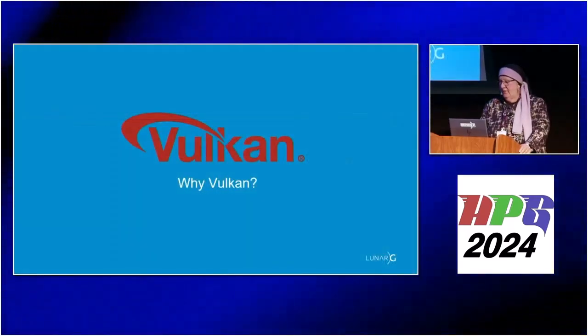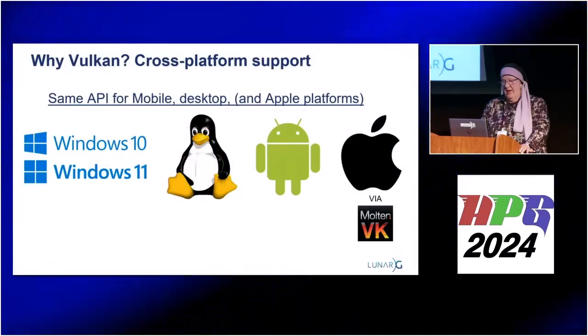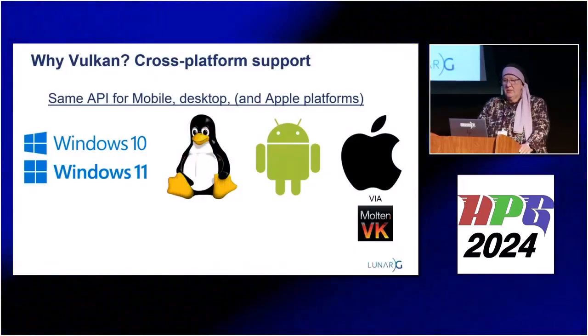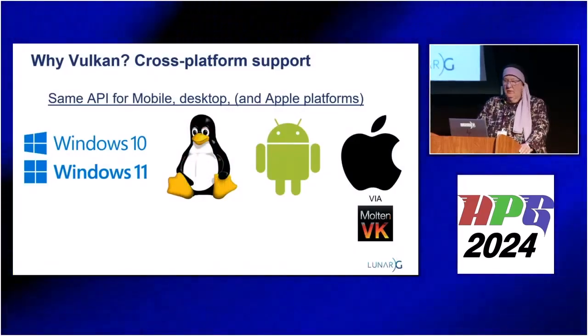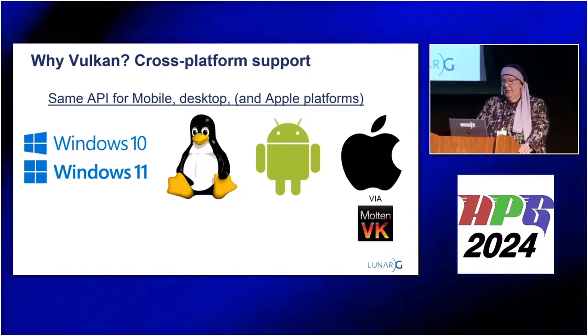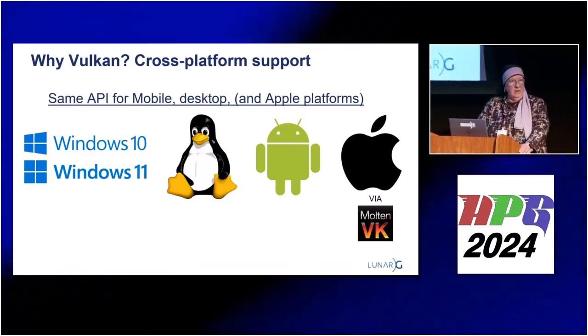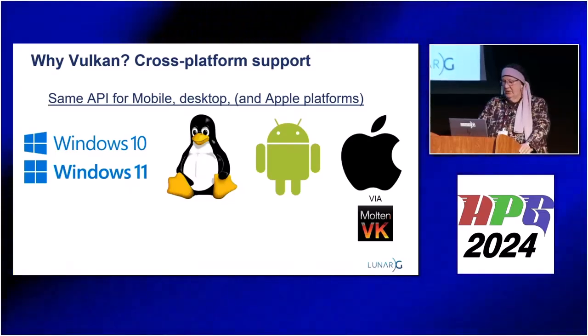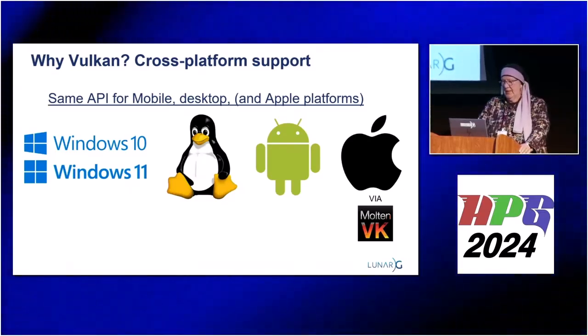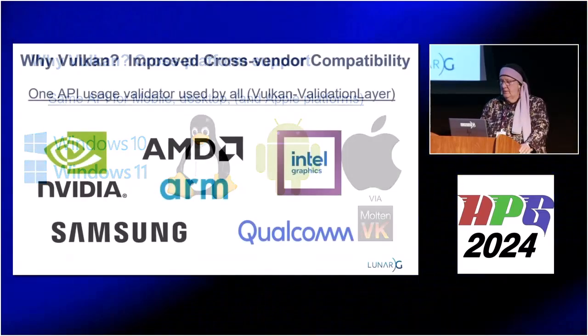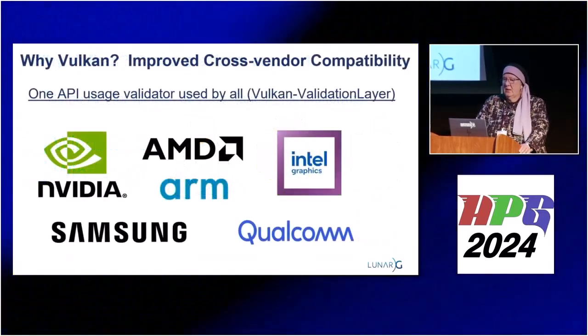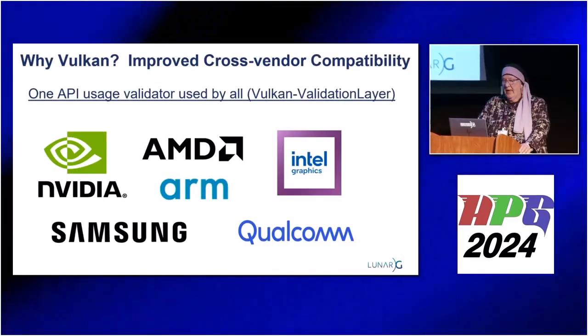Okay, so why Vulkan? These will go really fast. It's cross-platform. So the same API you can use for mobile, desktop, and Apple platforms with MoltenVK, the layer translation from Vulkan to Metal. And it has improved cross-vendor compatibility.